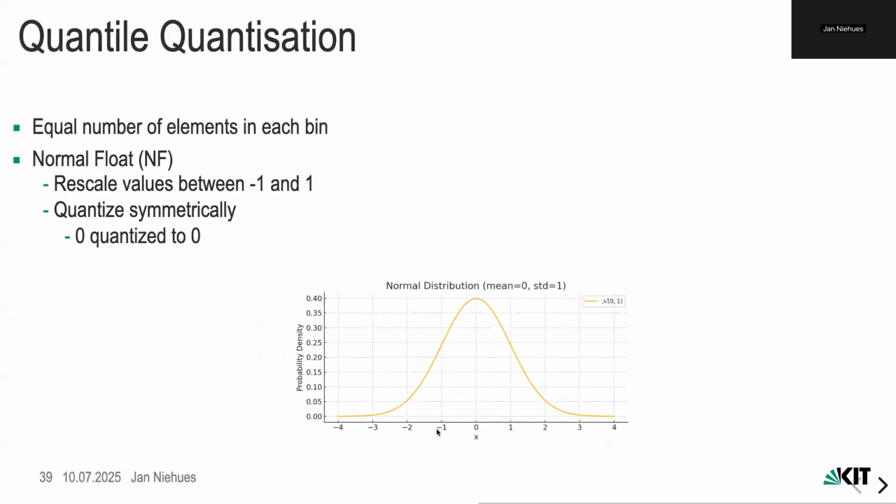You rescale the values between -1 and 1, and then you have bins based on the normal distribution and not equal bins directly. We'll see this, that is what is called the normal float, and that has also been used for some quantization algorithms.